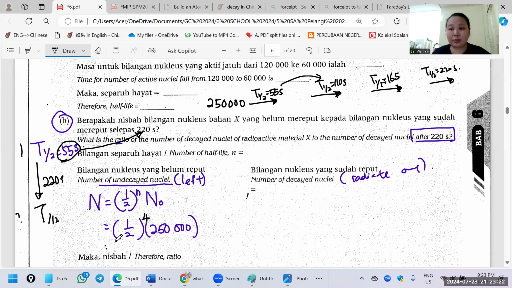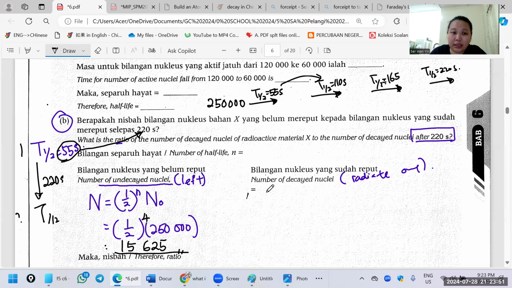So let's press calculator. Half bracket, powers of 4, times 250,000. We will get 15625 undecayed nuclei left.